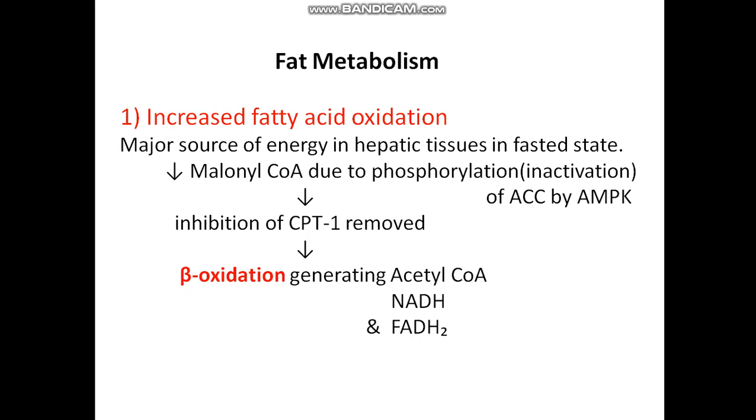And when the malonyl coenzyme A is reduced, the inhibition of CPT1, that is carnitine palmitoyl transferase 1, is removed and beta oxidation goes on uninhibited, which generates acetyl coenzyme A, NADH, and FADH2.